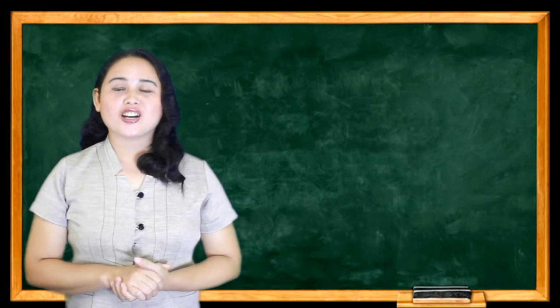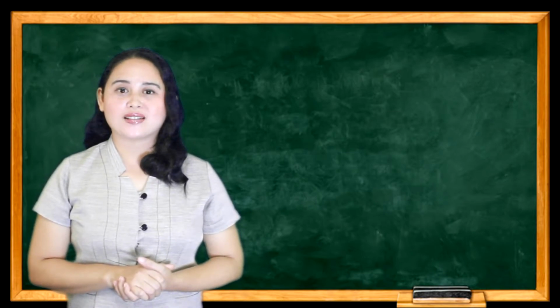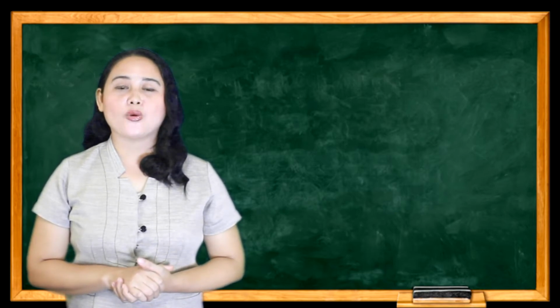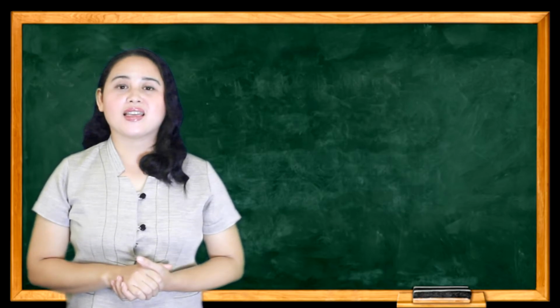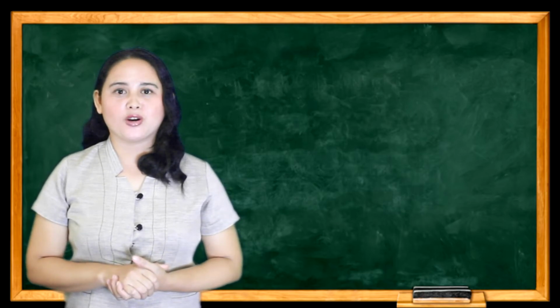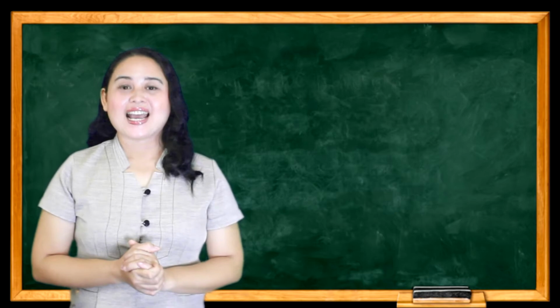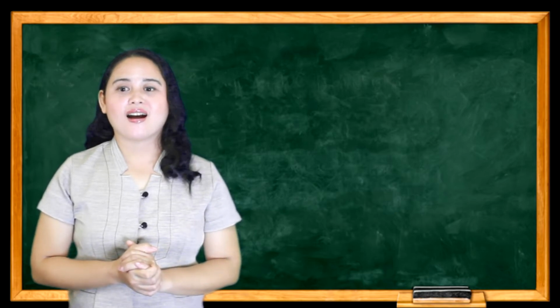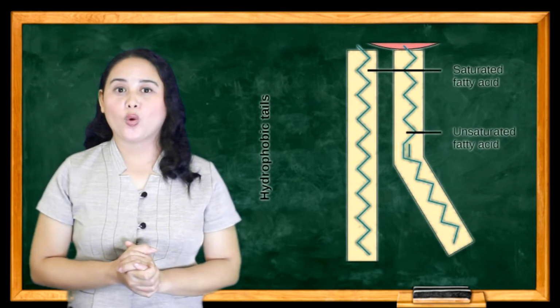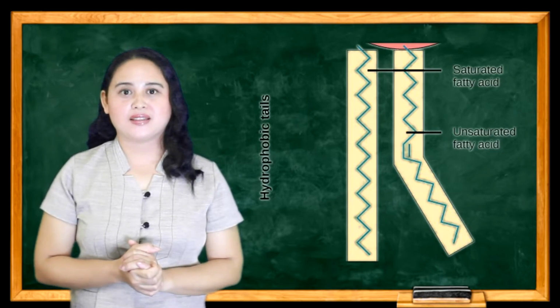Lipids, such as triglycerides and waxes, are mostly made up of non-polar hydrocarbon chains, making them generally insoluble in water. The hydrocarbon chains are the hydrophobic or water-fearing tails of lipids.